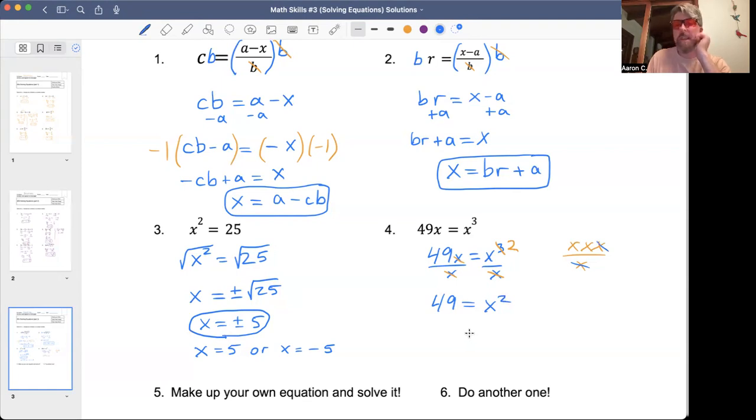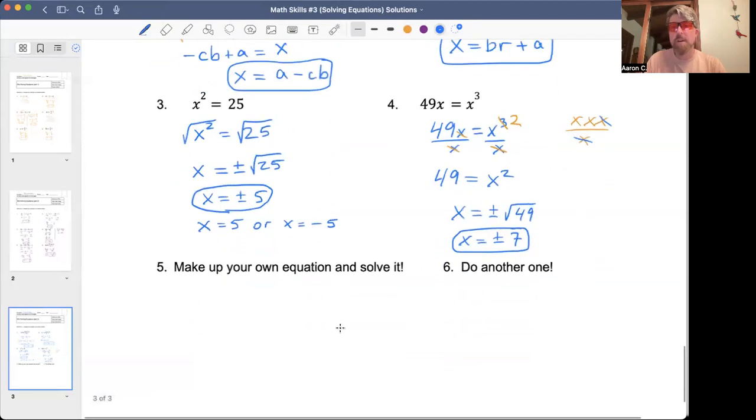And then, for the same reason, we have x is equal to the plus or minus square root of 49, which is positive or negative 7. And we could check that by putting it in there and make sure that it works out.